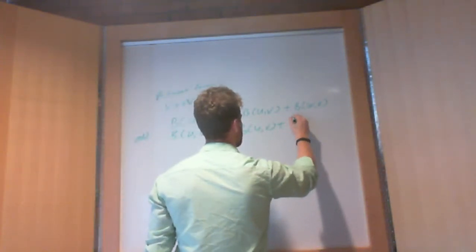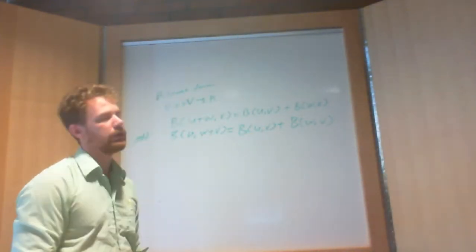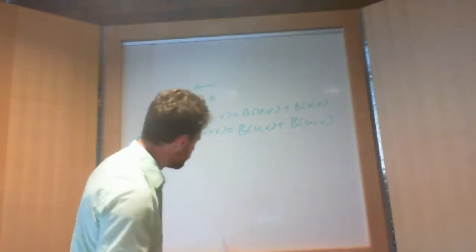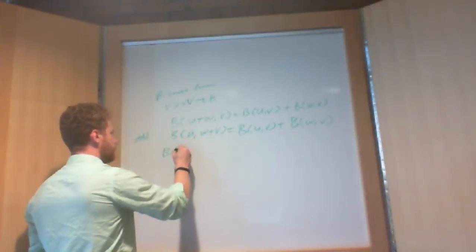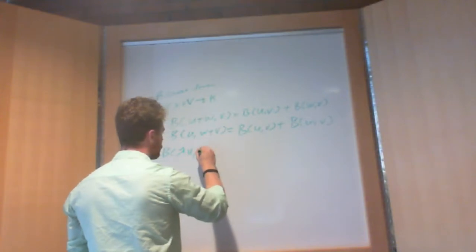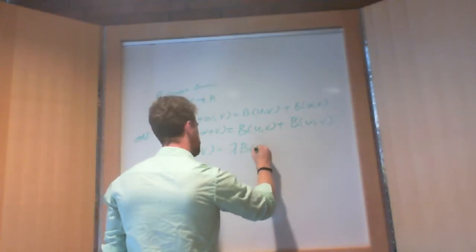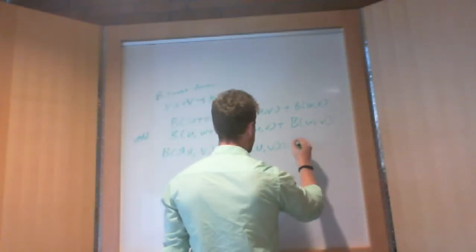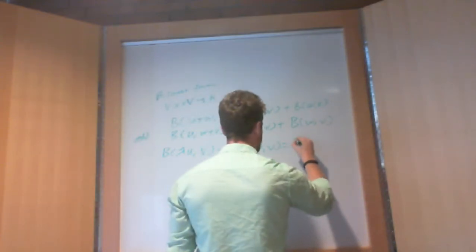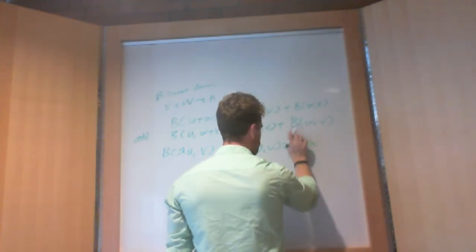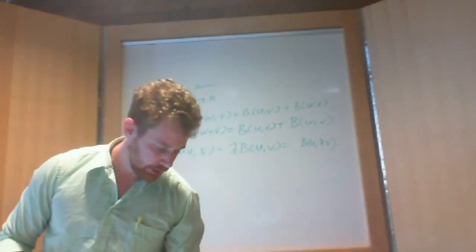We also have first degree homogeneity in both arguments: B(lambda u, v), where lambda is some scalar, and it's also first degree homogeneous in the second argument. So it's linear.